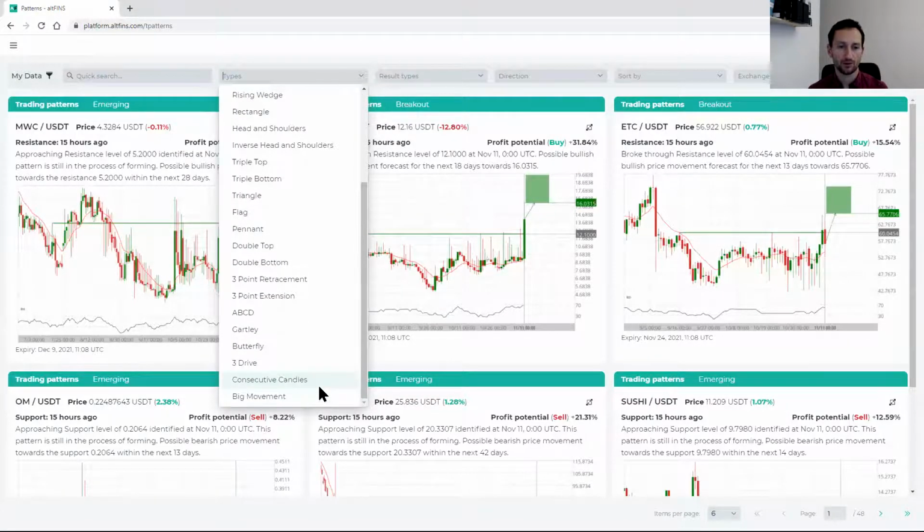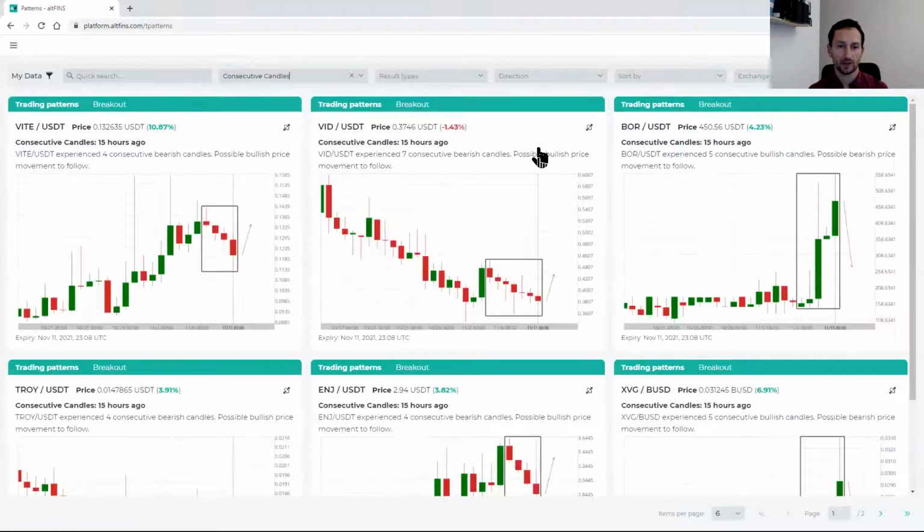We have some consecutive candles patterns. Those are situations where a price has multiple consecutive days or periods of either down or up closes.